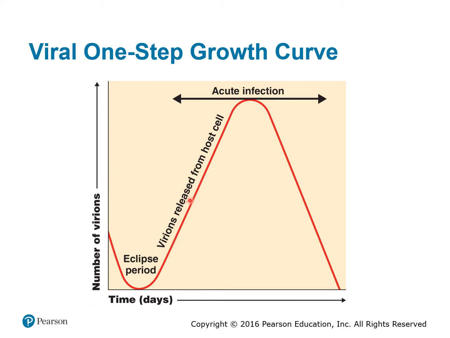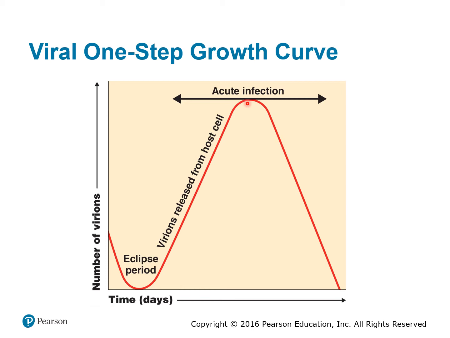So you can see that as time passes, the virions are going to increase in number, and that's when you're going to have an acute infection because the number of virions inside of the host cell is really high. Now you might wonder, why is it decreasing? The thing is, as viruses increase, the host cell is going to die.